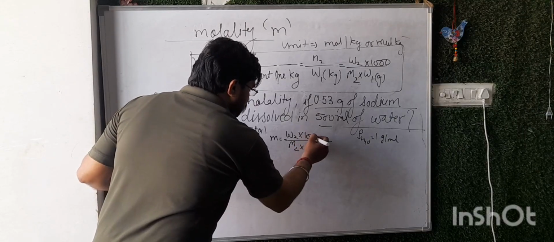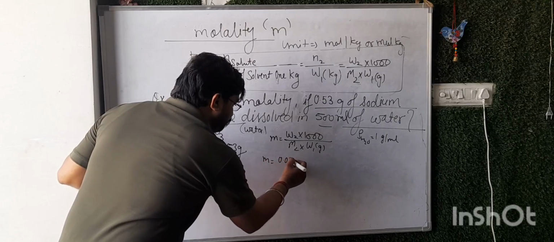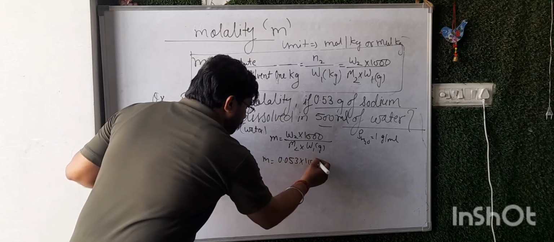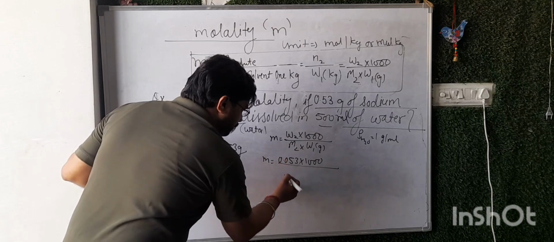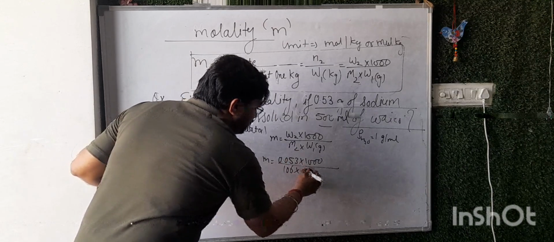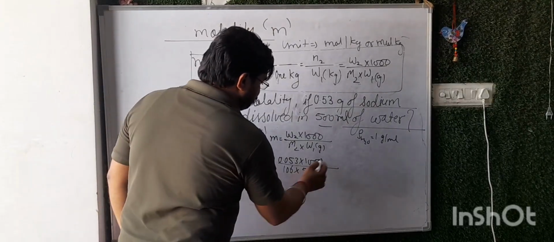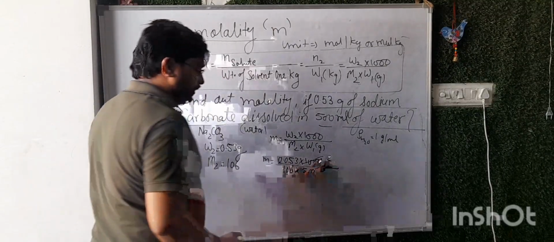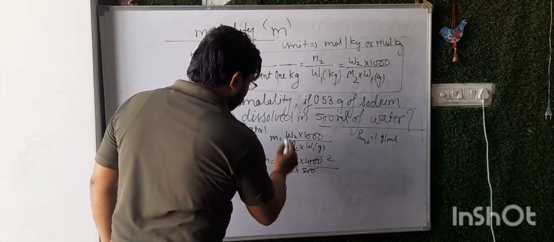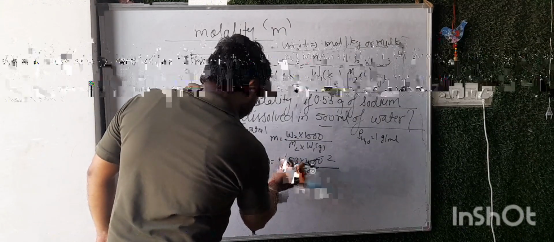It is 0.53 multiplied by 1000, divided by molecular mass 106, and W1 which was in milliliter we have converted into gram, 500. Now we calculate: 5 into 5 is 25, we remove the decimal here. 0.53 has two decimal places, so it is 100 now.